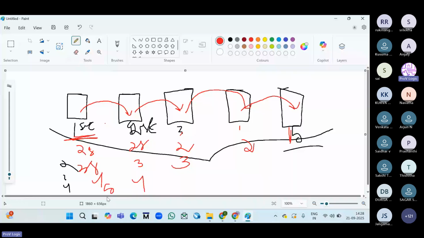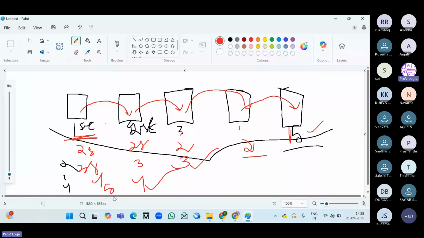If you observe, in non-pipeline, to complete one instruction it takes nearly 5 cycles, right? But now, within 5 cycles, the first instruction got executed, the second instruction is almost done, the third instruction is almost at the execute stage, and the fourth and fifth instructions have also started. So this is the pipeline.